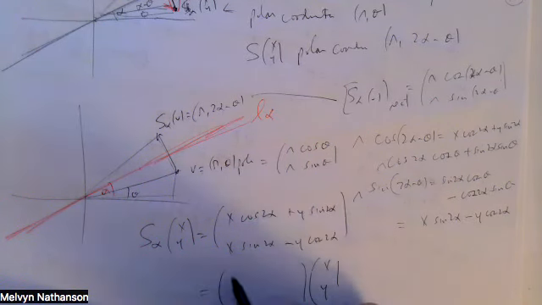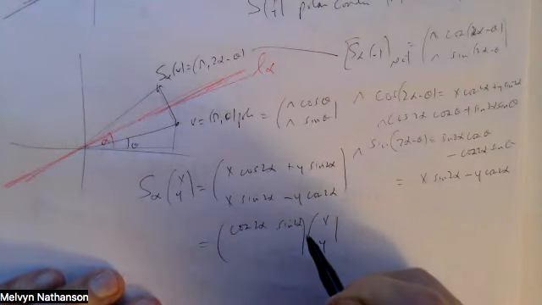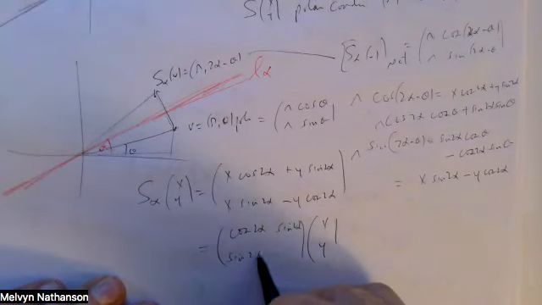That's the vector, the matrix cosine 2 alpha, sine 2 alpha, sine 2 alpha, minus cosine 2 alpha.